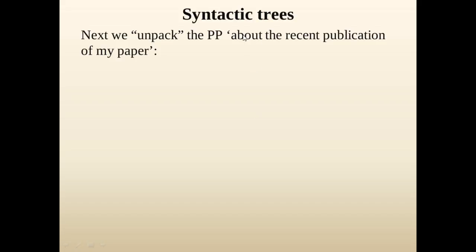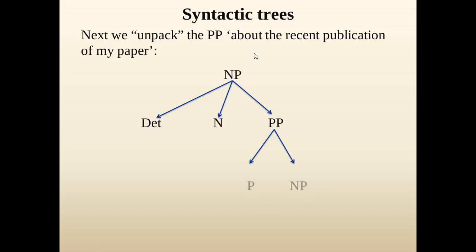It includes the preposition P and the noun phrase the recent publication of my paper. So this noun phrase is a single unit. We can actually replace it with "it": about it, which proves that it is a complete noun phrase. So it branches into two components: about and the recent publication of my paper.